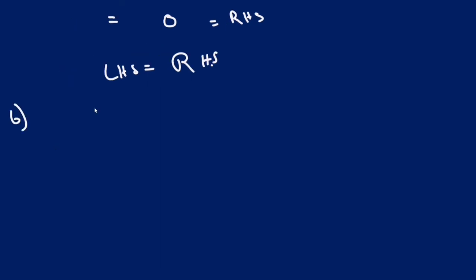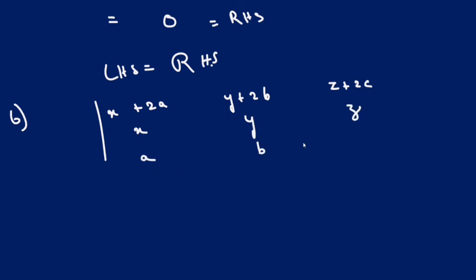Prove the determinant with first row x plus 2a, y plus 2b, z plus 2c, second row x, y, z, third row a, b, c is equal to 0. So take the left hand side.